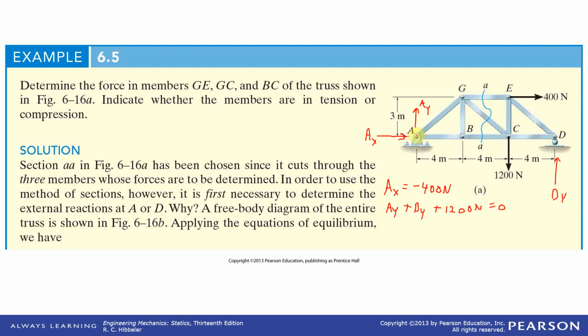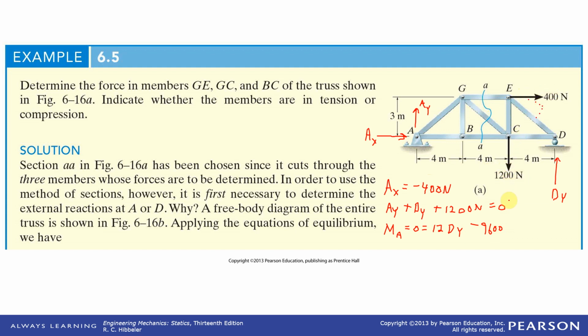The easiest one is to take it around A. Moment around A has to equal 0. It equals 12 DY counterclockwise, so it's positive. And then the other two are clockwise, so that's 8 times 12, 9600. 8 meters times 1200 newtons.